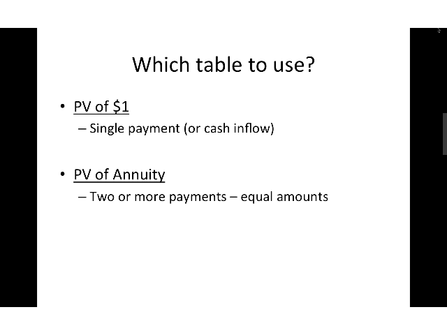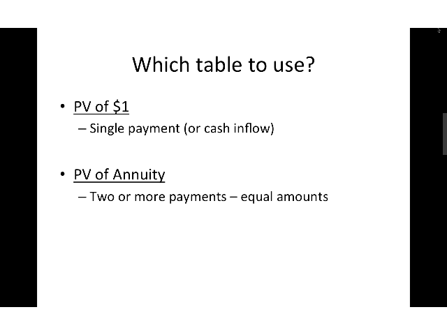Present value of a dollar table is used when we have a single payment or a single cash inflow. When we talk about a single payment, it can be a single amount we're receiving, or it can be a single amount we're paying, but it only happens one time. So the present value of the dollar table is when we have one amount of money. It doesn't happen over and over.